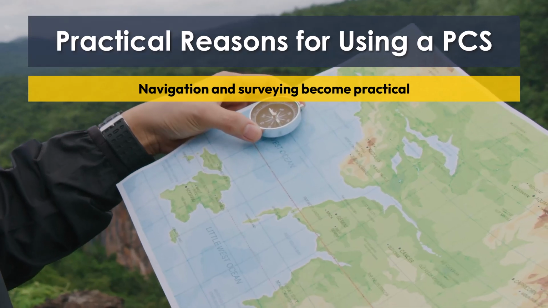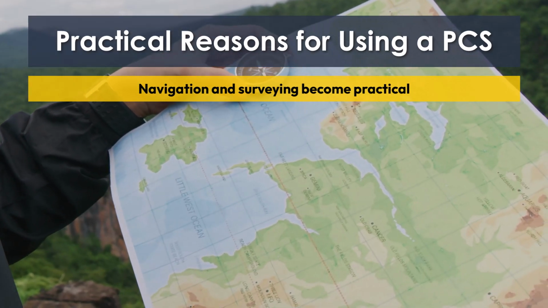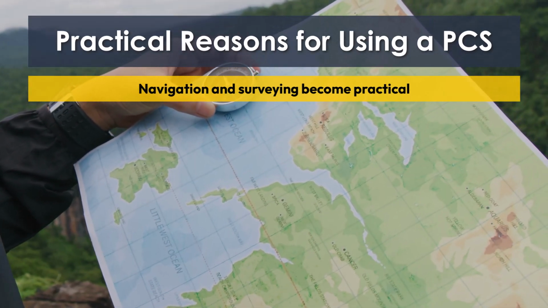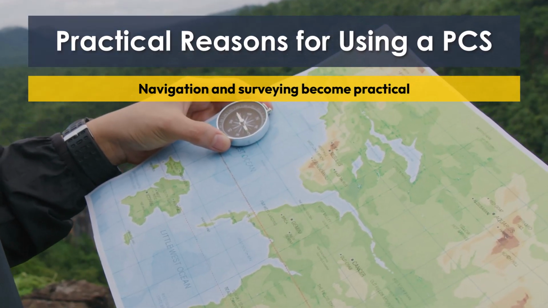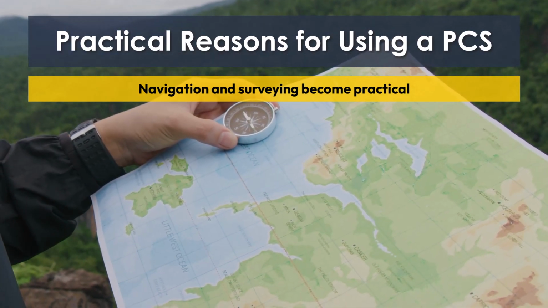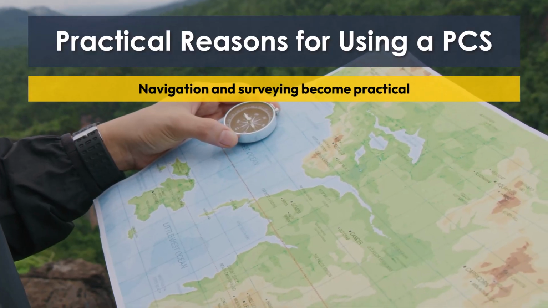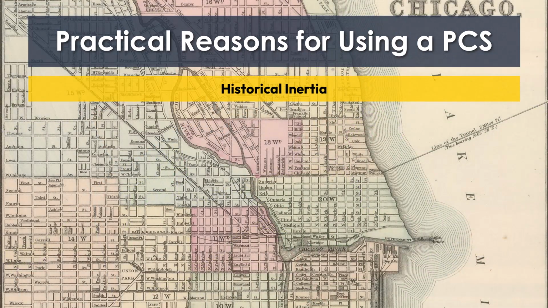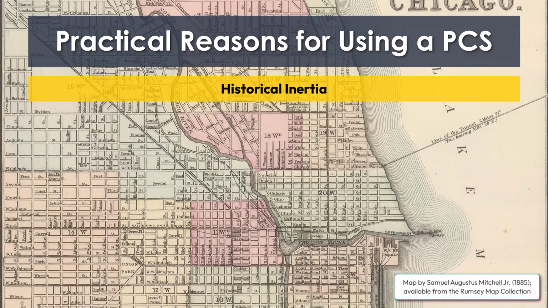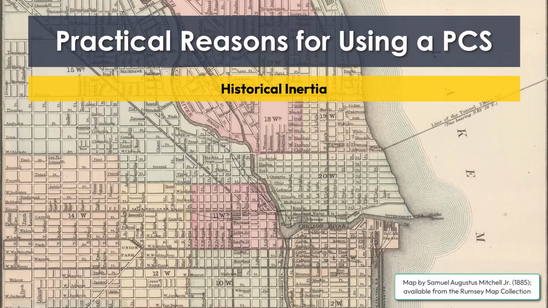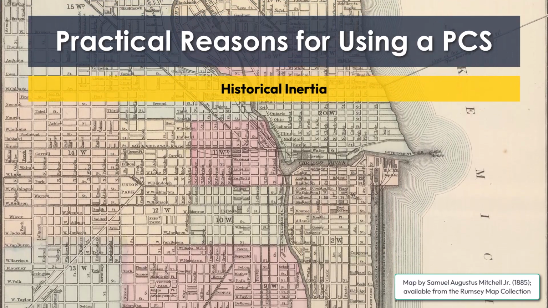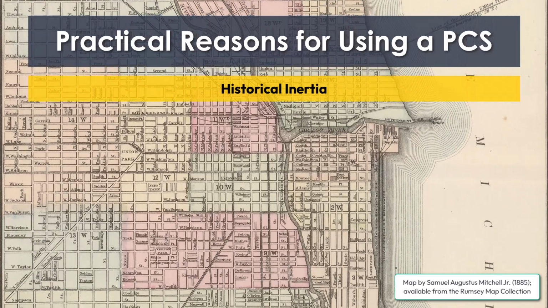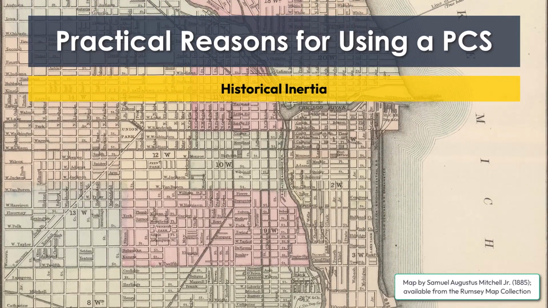A flat grid allows you to plot straight lines, measure angles, and calculate positions using simple plane geometry, rather than the much more complex mathematics of spherical trigonometry. Fourth is historical inertia. For centuries, surveyors have established networks of fixed monuments and measured distances from those points using Cartesian coordinates. That historical inertia still influences how we work today.